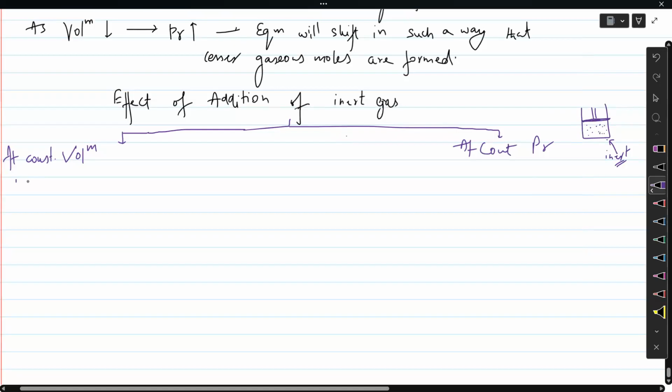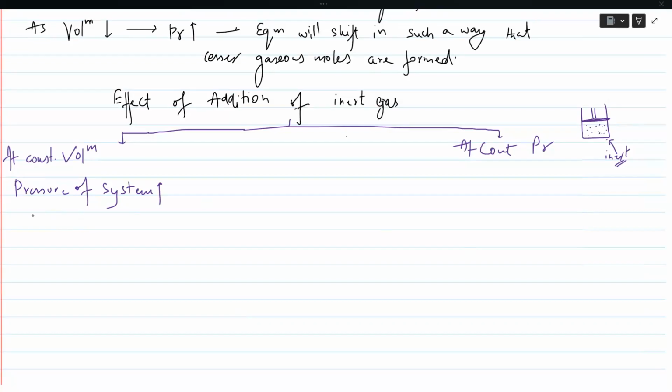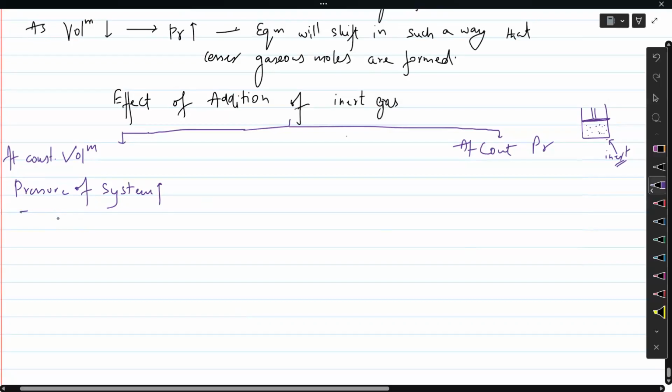So can you understand that the pressure of the system will increase, right? When we add gas with constant volume, will the pressure increase or not? Yes, sir. So pressure will increase. Similar to the case we have studied, when pressure increases, what will happen?